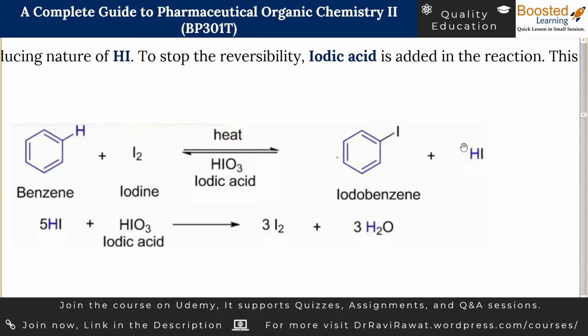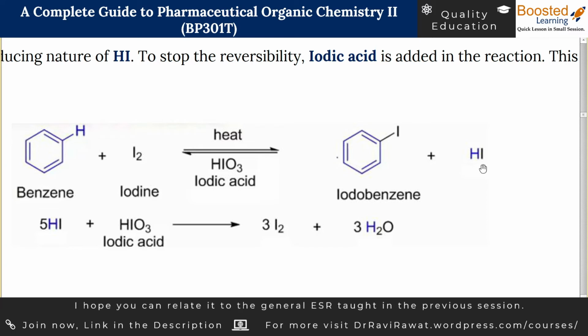It can reduce iodobenzene to benzene. Reduction means you remove something and you add hydrogen, because addition of hydrogen is known as reduction. So hydroiodic acid was a very good reducing agent, and it could reduce iodobenzene back to benzene. That was the reason for the reversibility of this reaction.